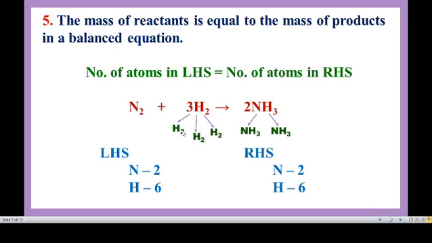Therefore 3 hydrogen molecules, 2 plus 2 plus 2, 6 hydrogen atoms. So on the LHS, 2 nitrogen atoms and 6 hydrogen atoms are there. Now we will calculate on the RHS. 2 ammonia molecules, therefore 2 NH3. So 2 nitrogen atoms and 3 plus 3, 6 hydrogen atoms. So the number of atoms on both sides is equal. Therefore, the mass of reactants is equal to the mass of products in a balanced equation.